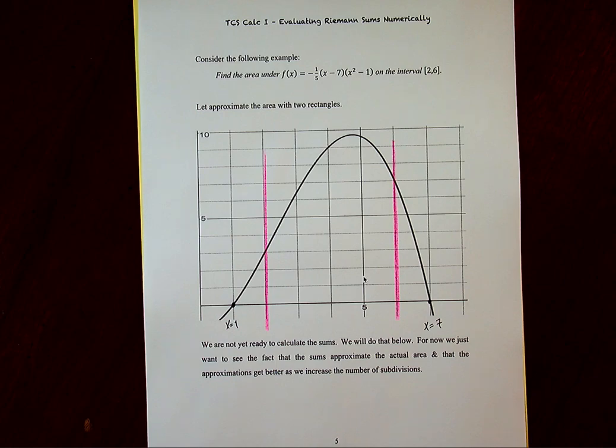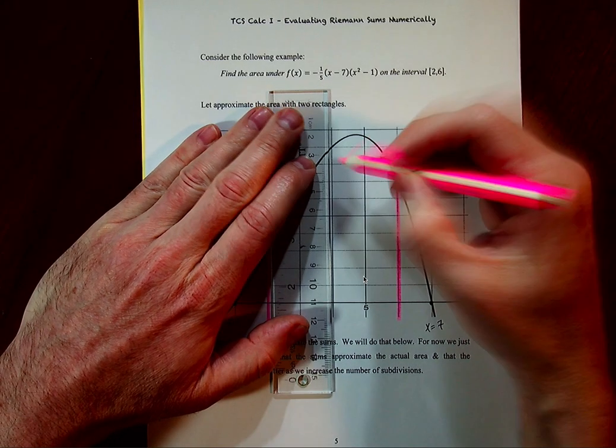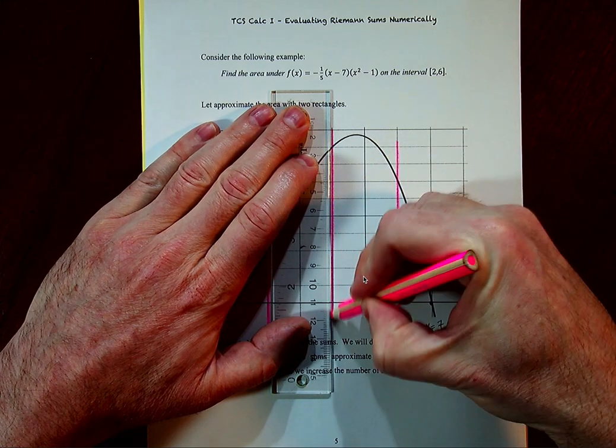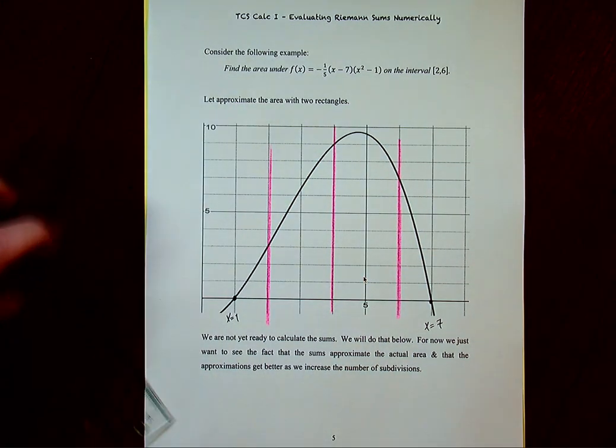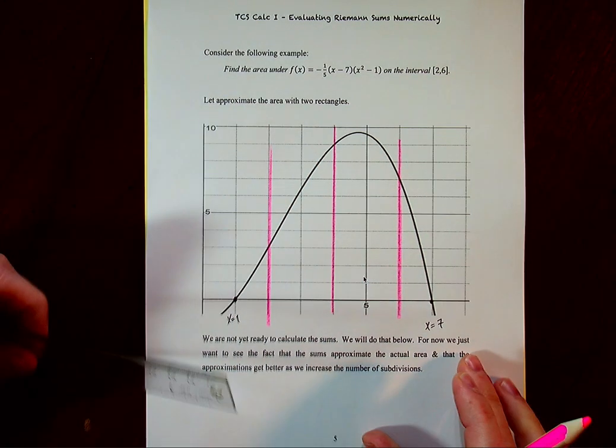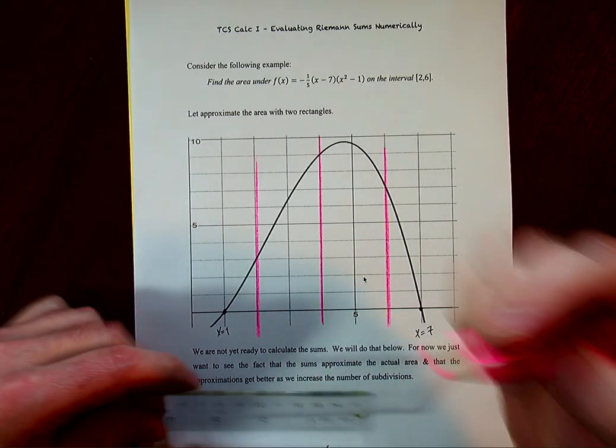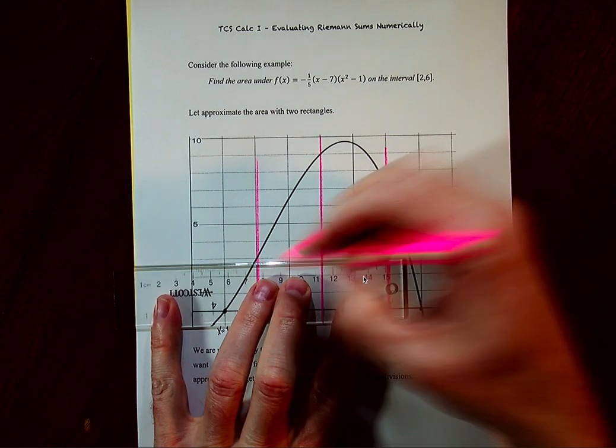Now, let's go ahead and try this out using two rectangles, okay? Now, the question then arises, okay, well, how am I going to determine the height of the rectangles? And for now, we're just going to use the function value on the left-hand side of the interval. And this is actually referred to as a left-hand sum, but we'll get to that here shortly, okay?